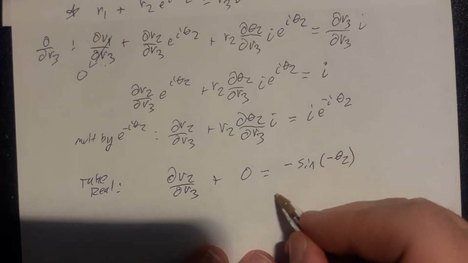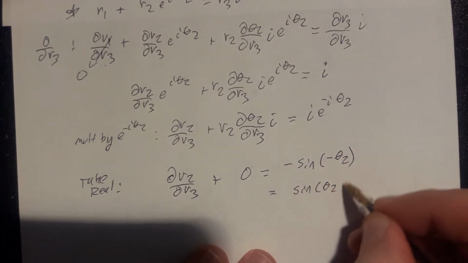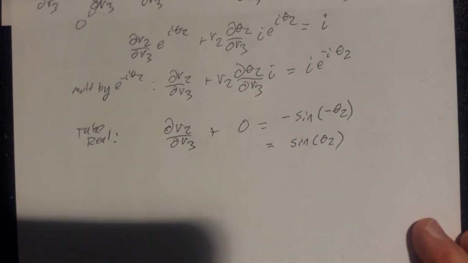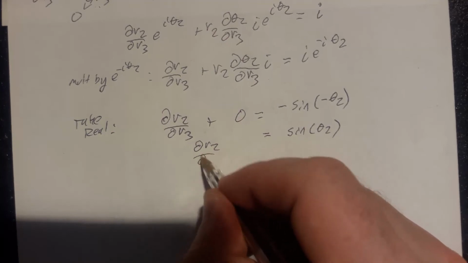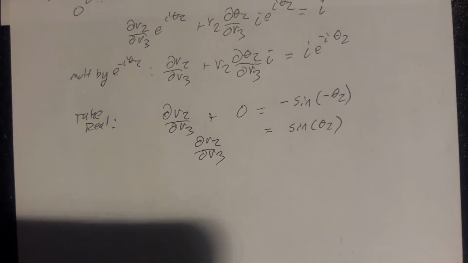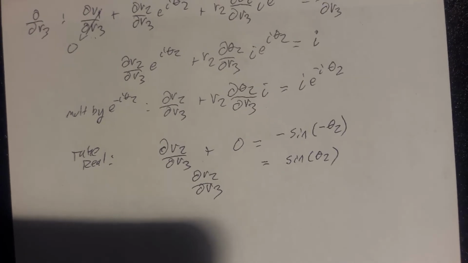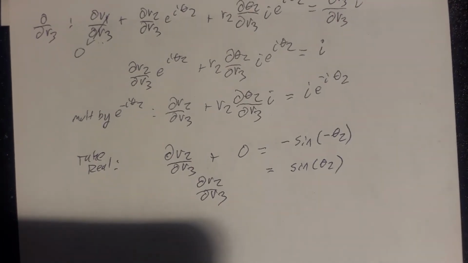There's a trig identity that allows us to turn that into just sine theta 2. And so we get dr2/dr3 is just equal to sine theta 2.